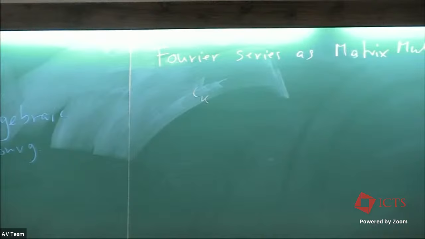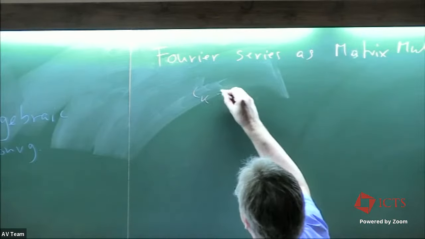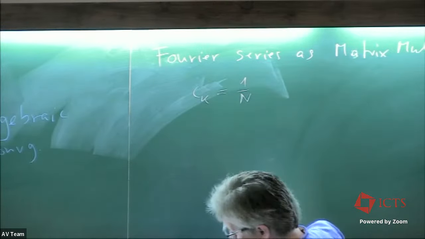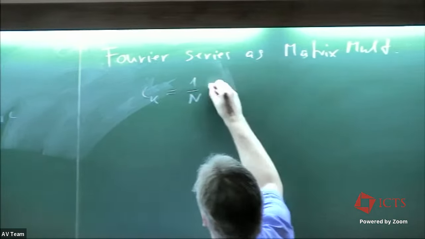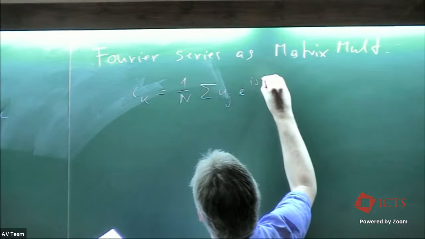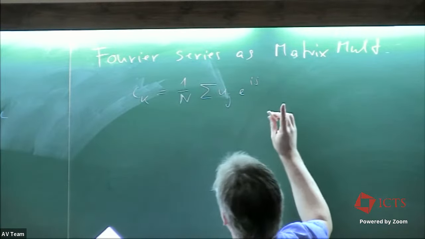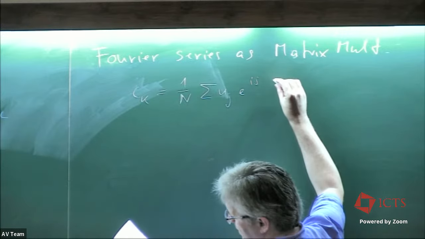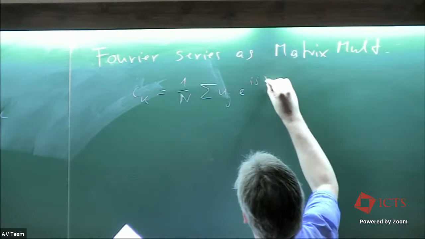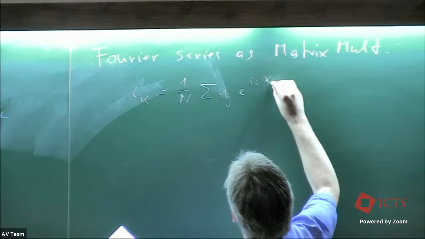The Fourier coefficient c_k was 1 over n times the sum of u_j e to the i k x_j, and I'm keeping the grid point here because this is good enough for my purposes.